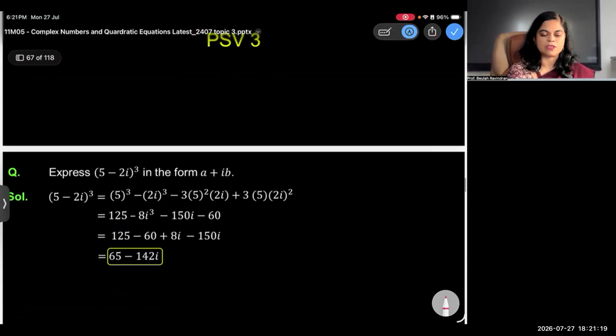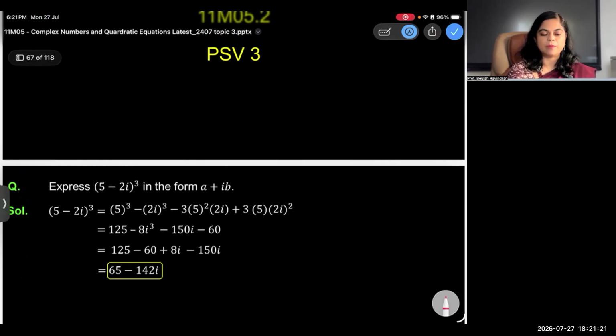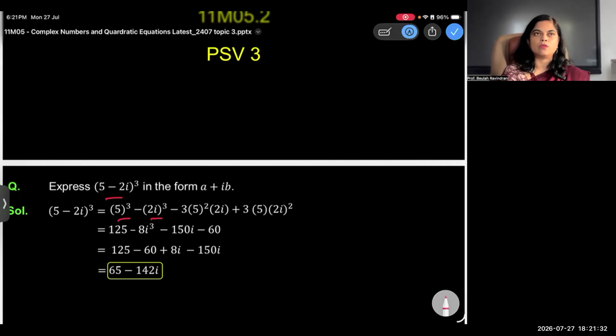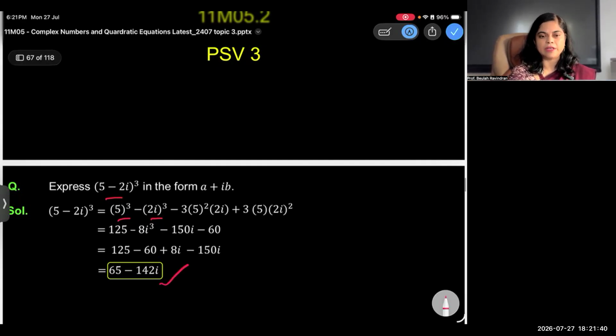Then express (5 minus 2i) whole cube in the form of a plus ib. I told you, whole cube means you can use the whole cube formula. What is the whole cube formula? a cube plus b cube plus 3a squared b plus 3ab squared. Like that, you can use the formula and then express it in the final result.